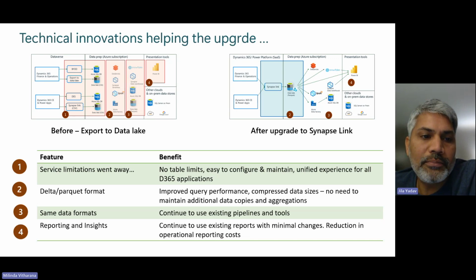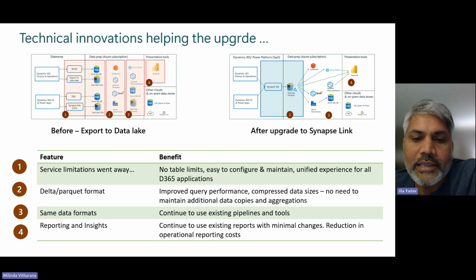So you have the same tables available in the Synapse Link experience as well. So that's the key thing. Your data format remains the same, so you can continue to use the existing solutions which you have today.